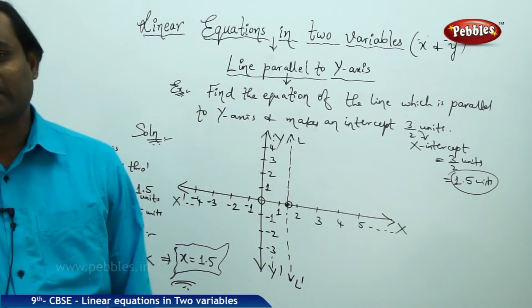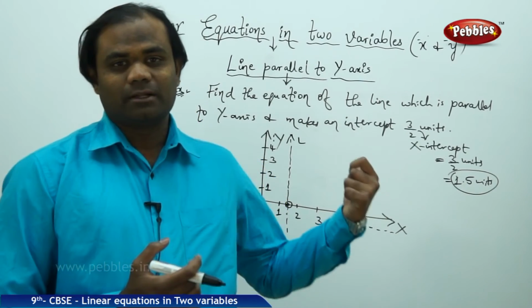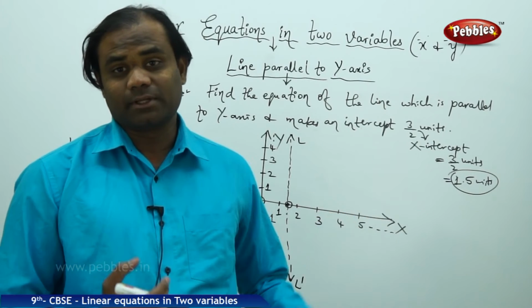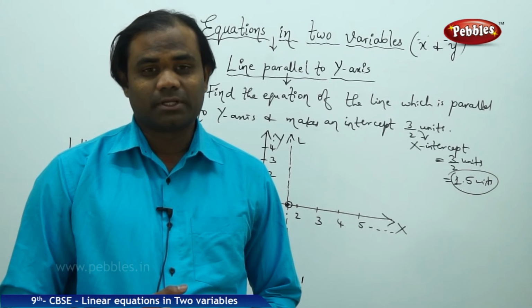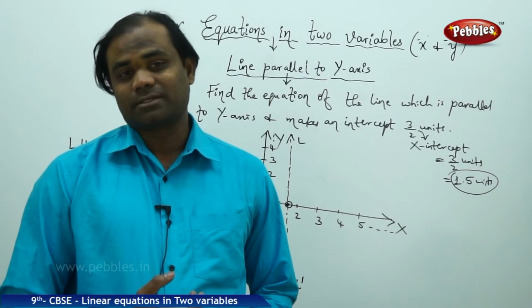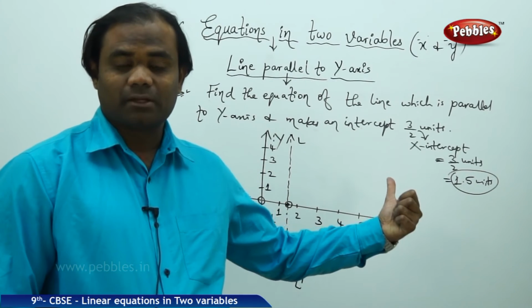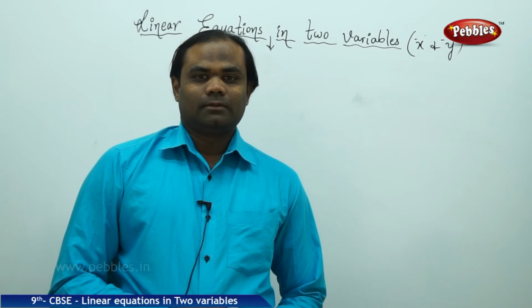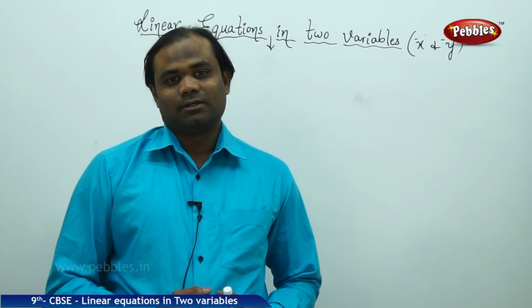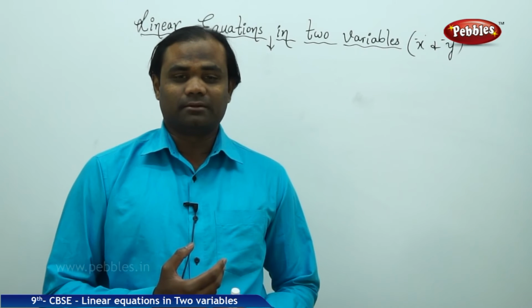This is how we identify the equation of a line parallel to x-axis and parallel to y-axis as the special cases. The special case of linear equation in two variables x and y, line parallel to x-axis and line parallel to y-axis. Now comes the question on the linear equation which can be sketched on the Cartesian plane.